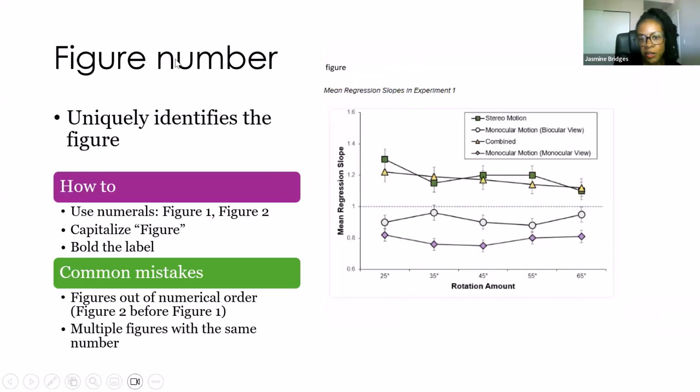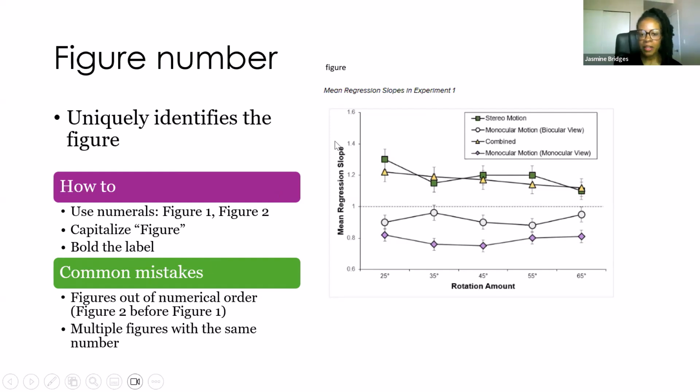So first, let's start with the figure number. We're going to want to use numerals, so Figure 1, Figure 2, and capitalize Figure and bold the label. That's the basic style element of that. We're going to make sure that the figures are in numerical order and that multiple figures don't have the same number.